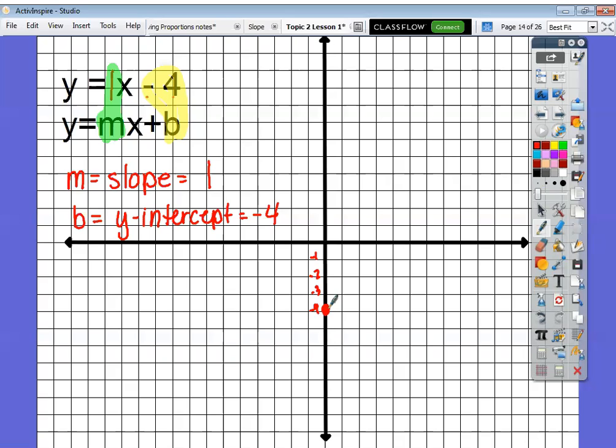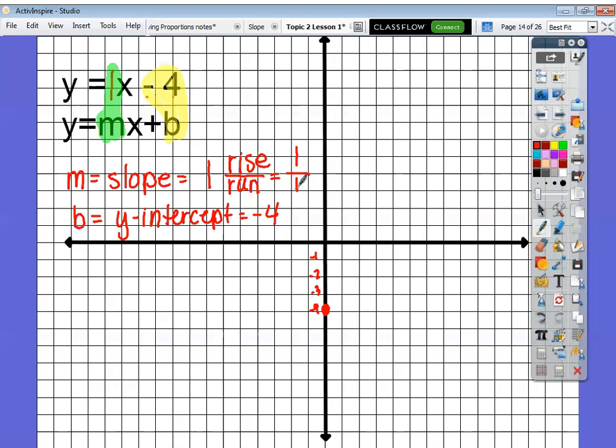Now, I'm going to find out what the rest of it looks like by adding on my slope. Now, my slope is 1. But remember, slope is rise over run. So 1 is really 1 over 1, or 2 over 2, or 3 over 3. I don't care. It doesn't matter.